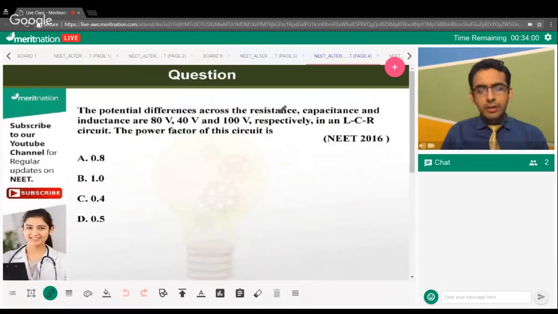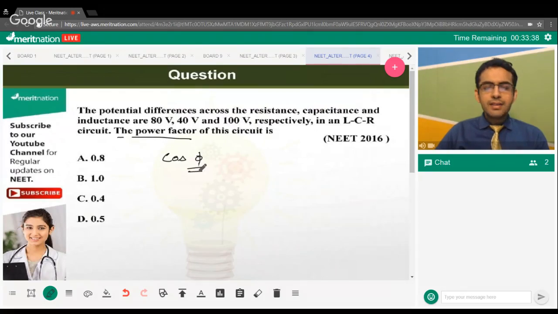Here's the other question. The potential differences across the resistance, capacitance, and inductance are 80 volts, 40 volts, and 100 volts, respectively. In an LCR circuit, what is the power factor of the circuit? The power factor is given by cos phi, where phi is the phase angle.